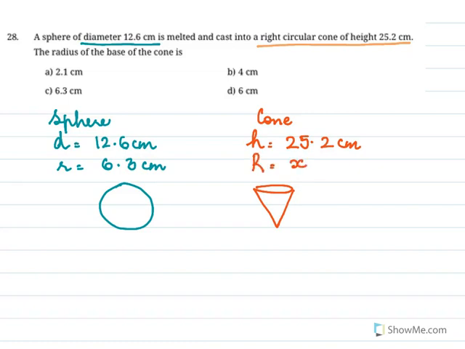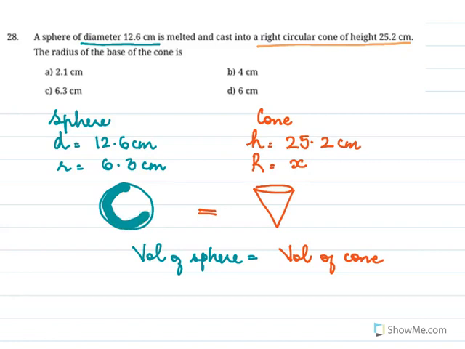we put it as x. Now here we have volume of sphere equal to volume of cone, because it is melted, this entire metal is melted and then made into this cone.